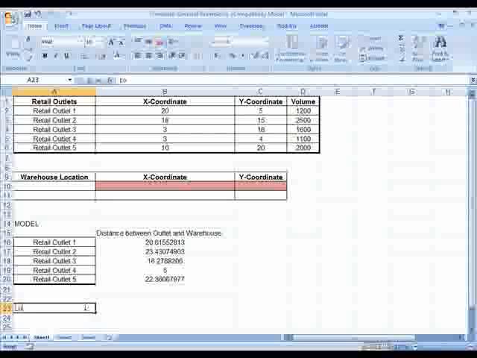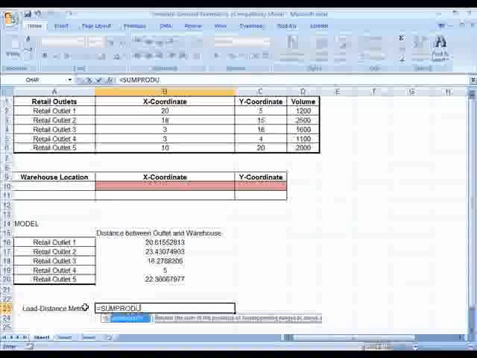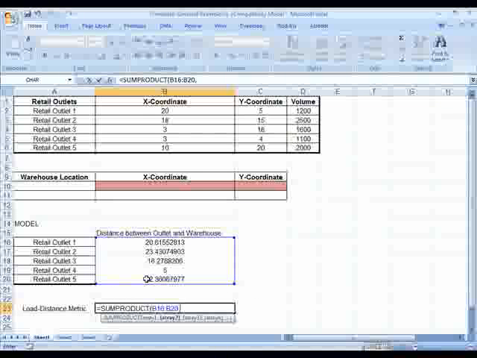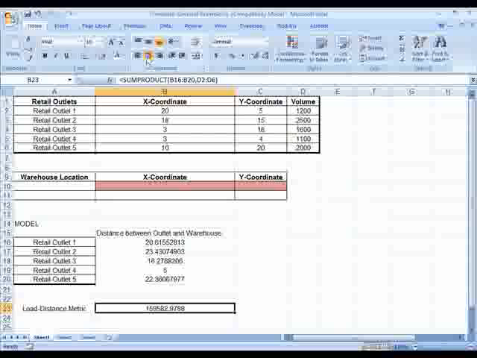Your load distance metric is simply going to be the sum product of the distance and the volumes that you have. And this is what you're trying to minimize using Solver.